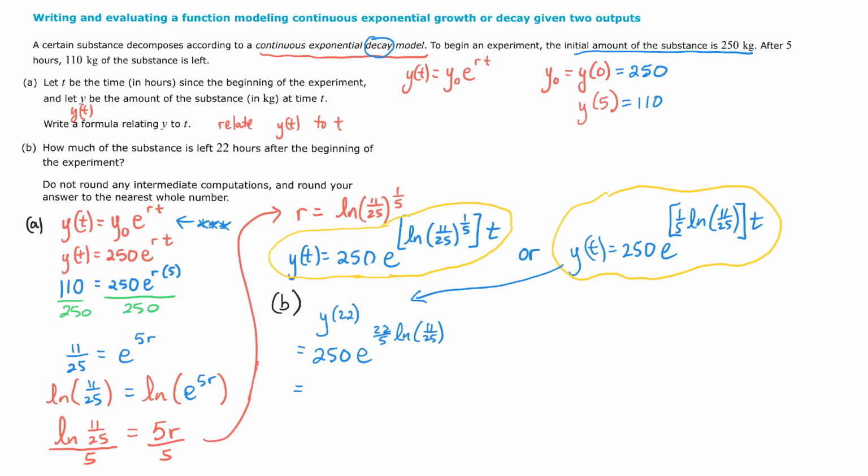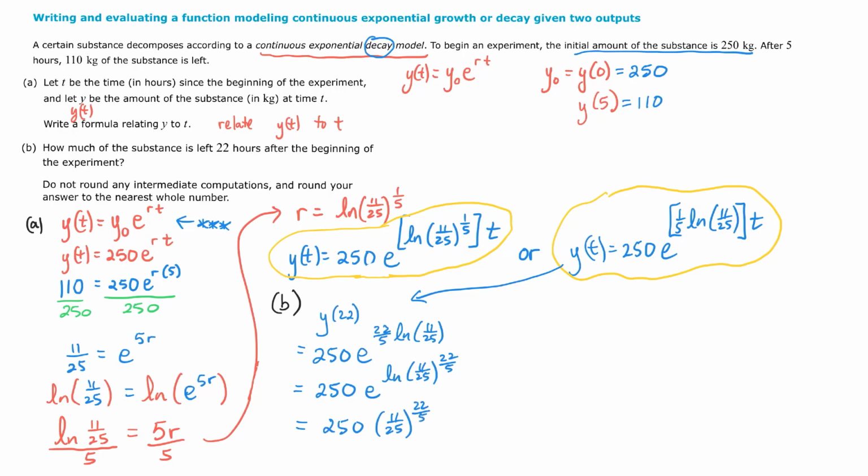So we could simplify this a little bit more. This is 250 times e to the natural log of 11/25 raised to 22/5. Using log properties, we know this is 250 times the base of 11/25 raised to the 22/5.